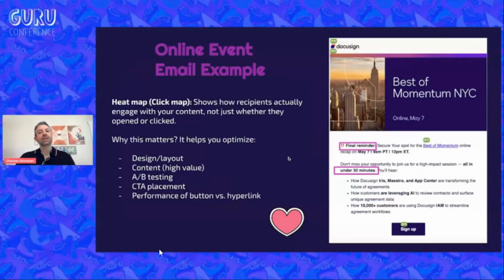And then an online event email example. After the in-person event happened, we promoted our best-of-event recap, an online event under 30 minutes that highlights all the things that happened at the in-person event. I made sure this email said this is the final reminder and that we will not be sending more communication beyond this one.